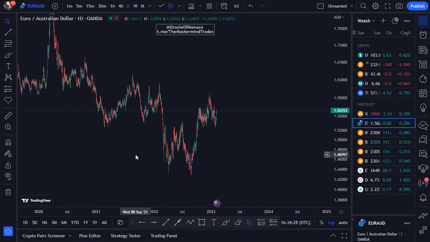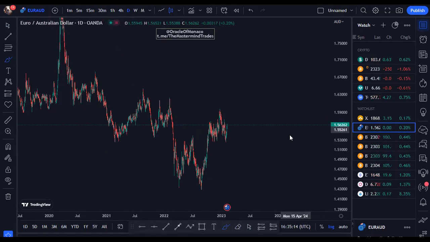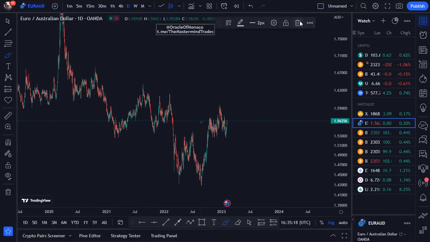So I'll try to explain that a bit better from what we have on this price chart right here. Now, we've identified this earlier to be a downtrend, almost likely to be a downtrend. So on the daily charts, which we have right here, we've identified this to be a downtrend.